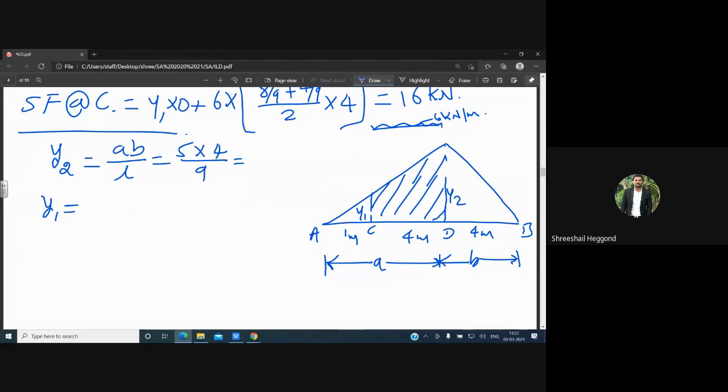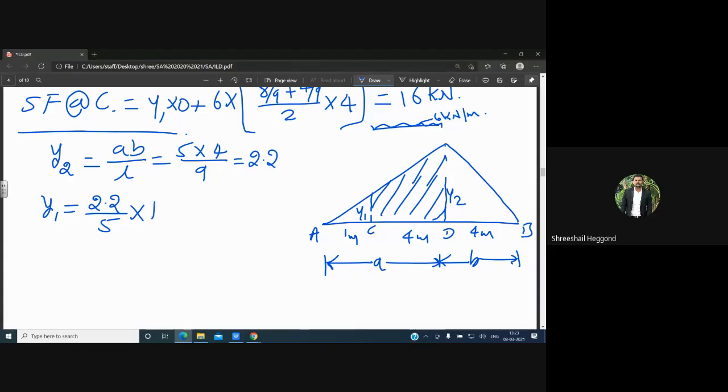how much? Sir, 2.22. 2.2. The ordinate at D point is 2.2, and at C point the ordinate can be calculated as 2.2 divided by the left hand side portion, that is A is 5 meter, is equal to y1 divided by the remaining portion length, which is 1 meter.